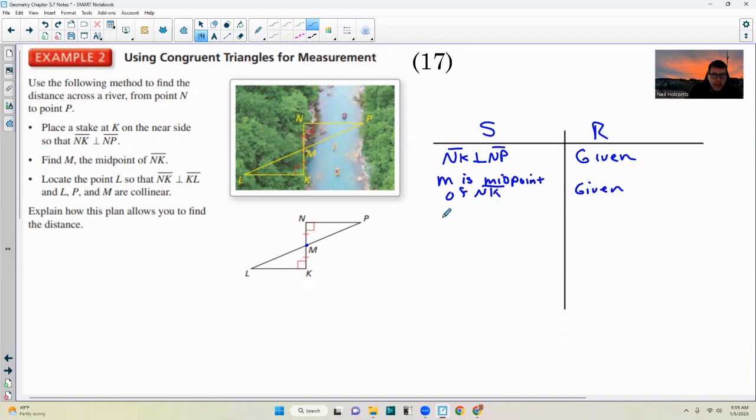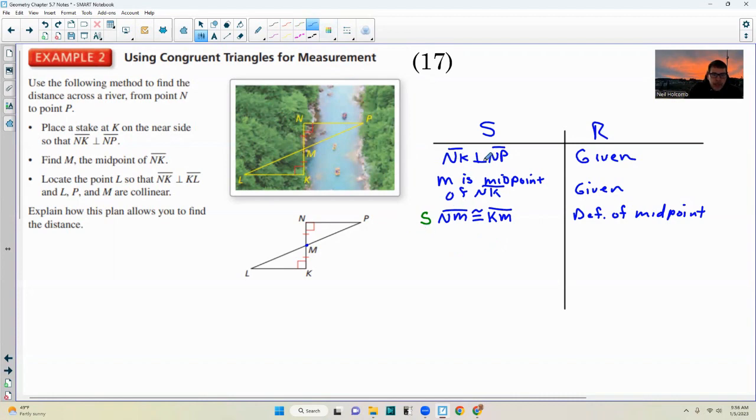So now I can say segment NM is congruent to segment KM. That's the definition of midpoint. Okay, so now I have a segment, a side, congruent to a side in the triangle.